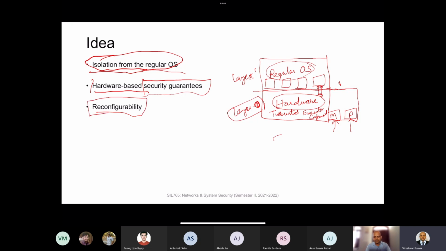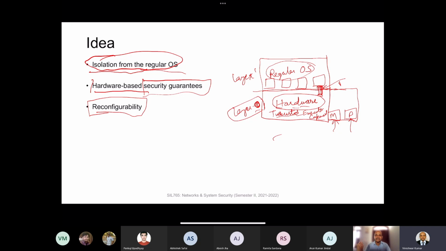And therefore this limited communication between the regular OS and the hardware on which things are being implemented is what is allowed in order to do some minor reconfiguration of the trusted execution environment, or to retrieve some information from the hardware-based trusted execution environment in layer 0. So these are some basic ideas behind trusted execution. We have been looking into different architectures.